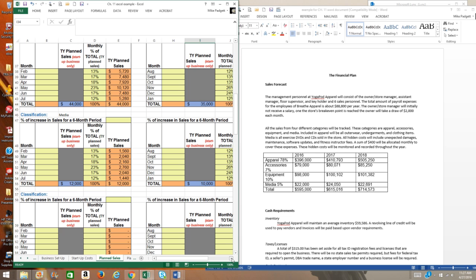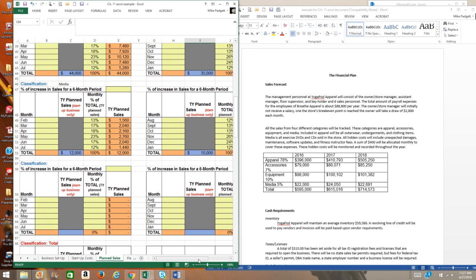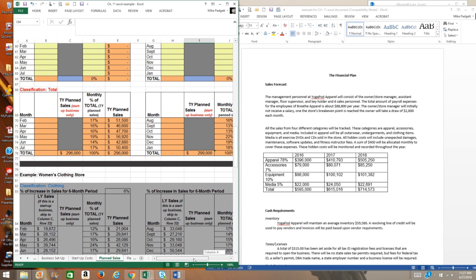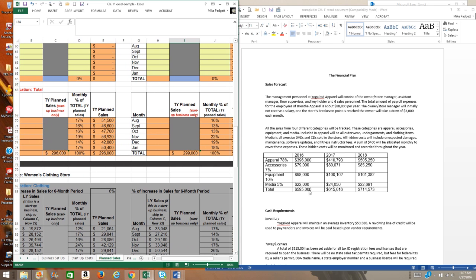So then that gives you a total, which should also match the total if you come down here. If you add these two together, 296 and 299, you get your 595, and that would be your total sales for the year of 2016. And then from there, you would just plan to increase sales and come up with those numbers.